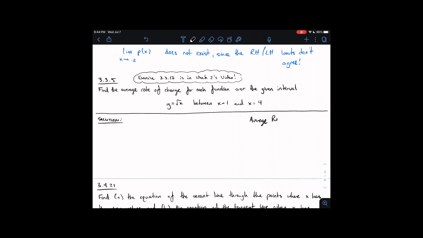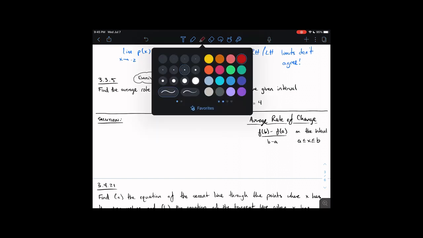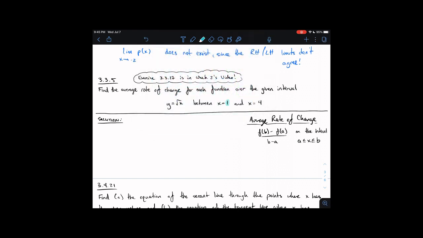Average rate of change is given by this formula: f of b minus f of a over b minus a on the interval from a to b. So here our a is 1 and our b is 4. So this is the interval.